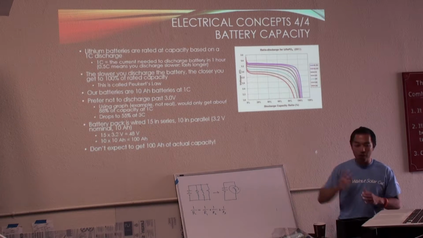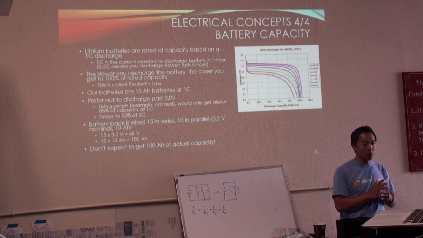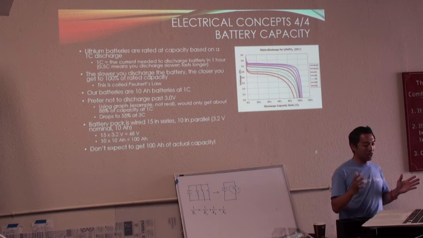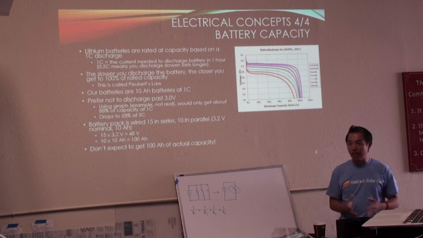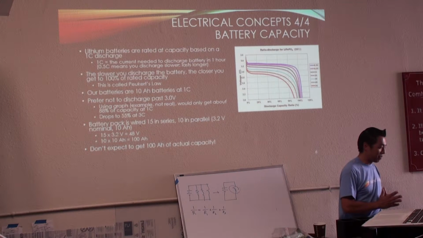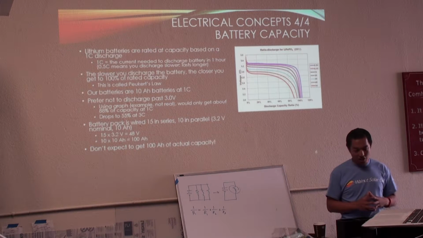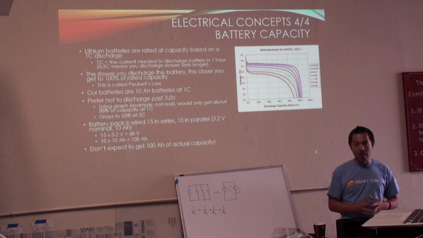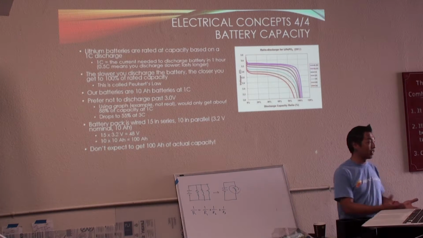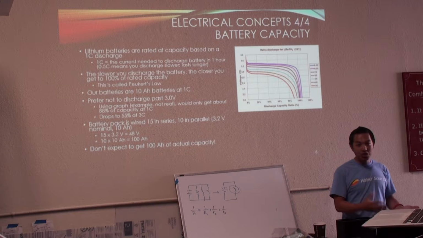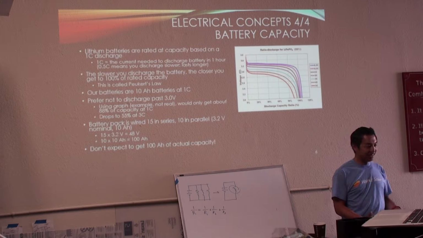But anyway, 1C is what we call how much current it takes to discharge a battery in 1 hour. Now, if I were to discharge at 2C, so if I discharge at 20 amps instead of 10 amps, I do not get a half hour of runtime.